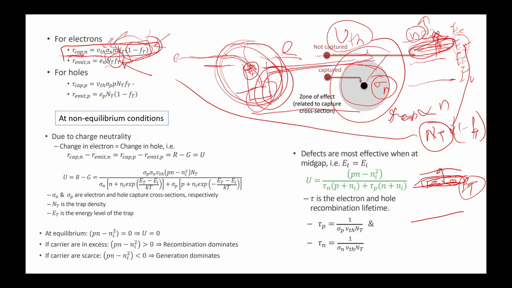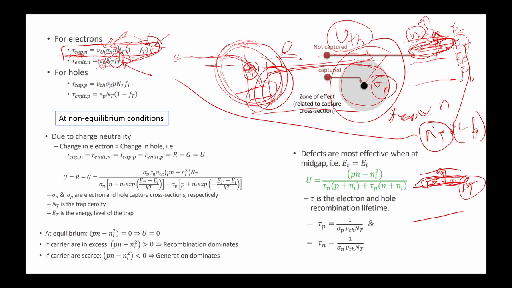ET is the trap state. So the more the density of the electrons, the more will be the rate of emission of the electron to the conduction band. And there is a proportionality constant, which we will find.